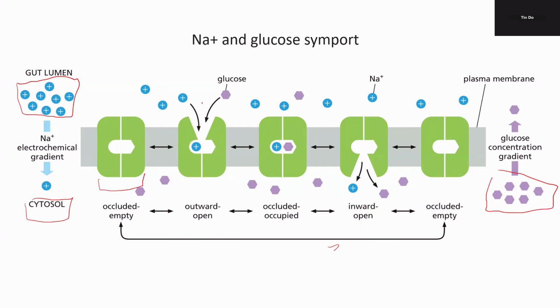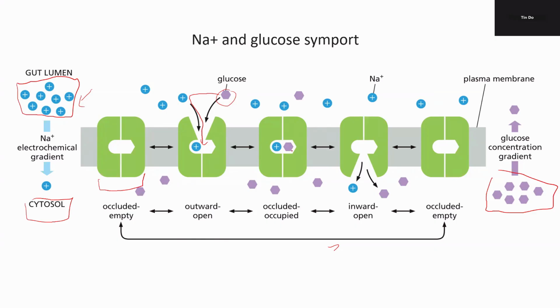Now, with both sodium and glucose present, it's going to have a higher affinity when both are present. It's going to bind together, outward opening, allowing both to come in. And then because glucose is using the energy from the sodium gradient, it's going to hitch a ride with the sodium ion coming in and having a much higher affinity, like I said.